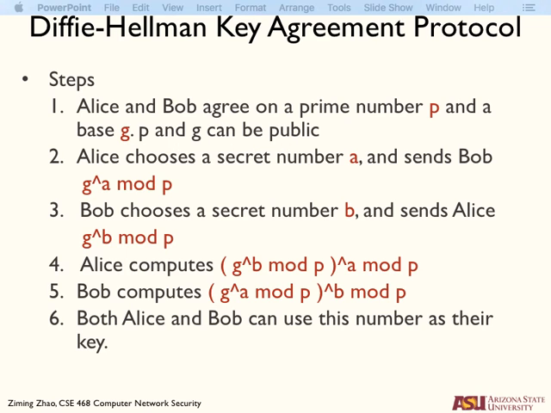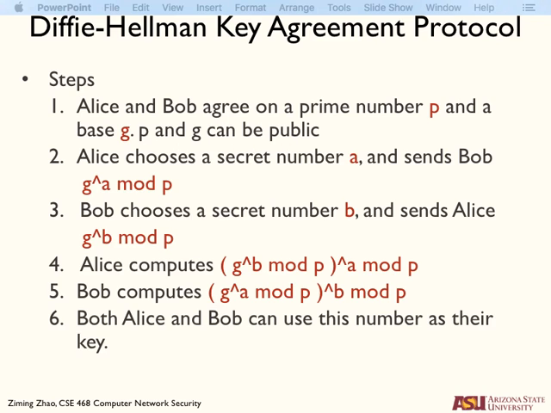So you see that Alice only knows the message from Bob and the secret number Alice chooses. Bob knows the message from Alice and the secret number Bob chooses. So any attacker knows those two numbers, but they don't know A and B.